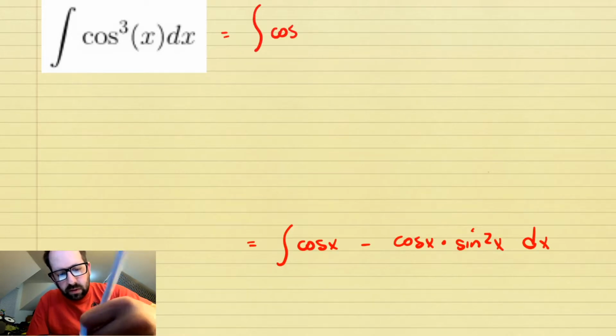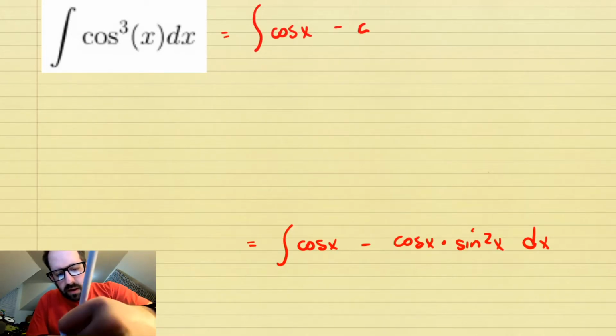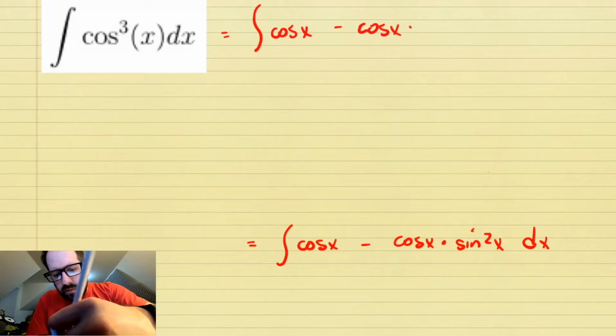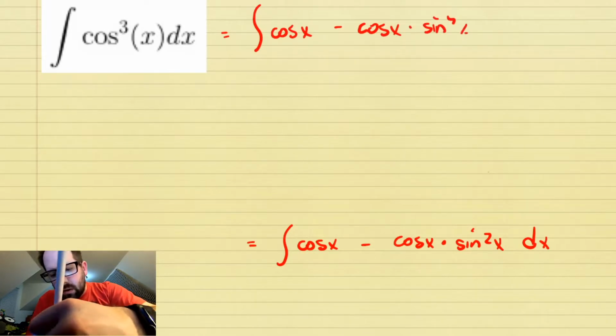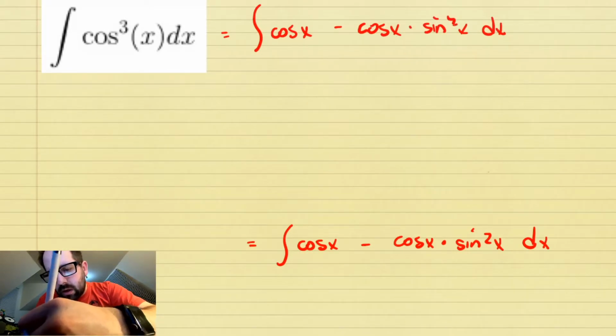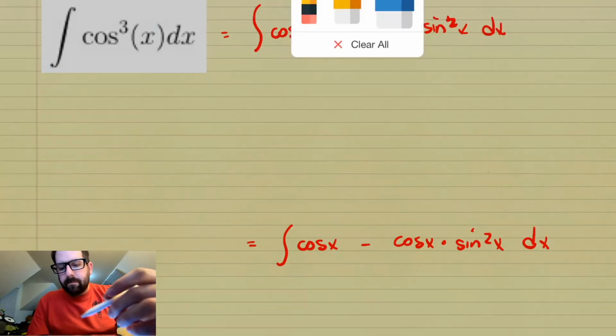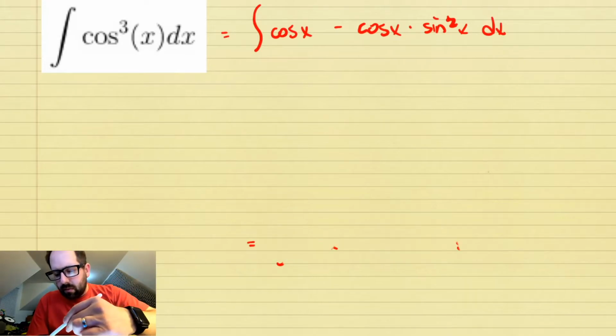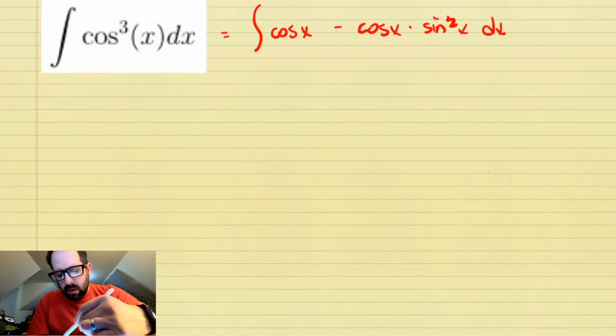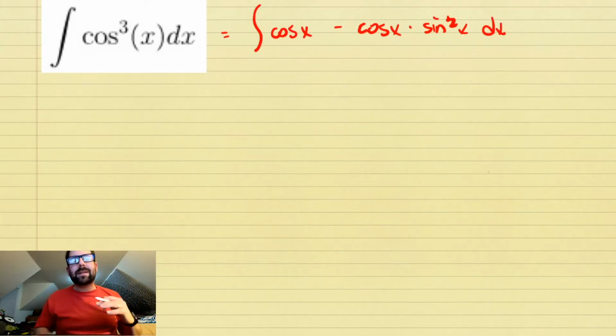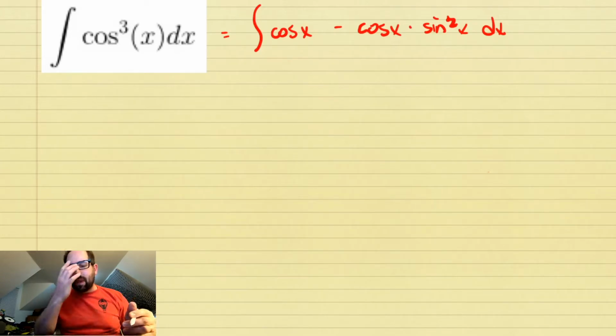All right, so this is the integral of cosine of x minus cosine of x times sine squared x dx. Okay, now we can start the problem.